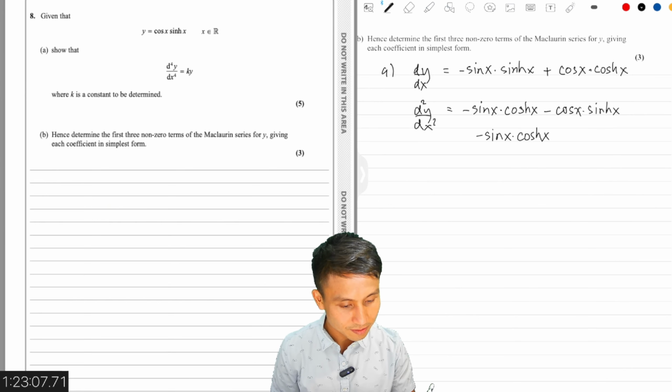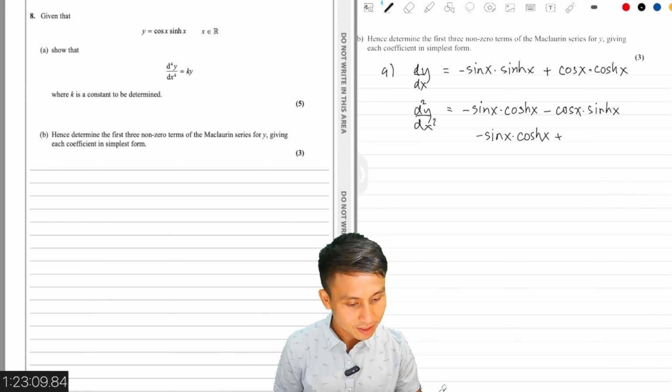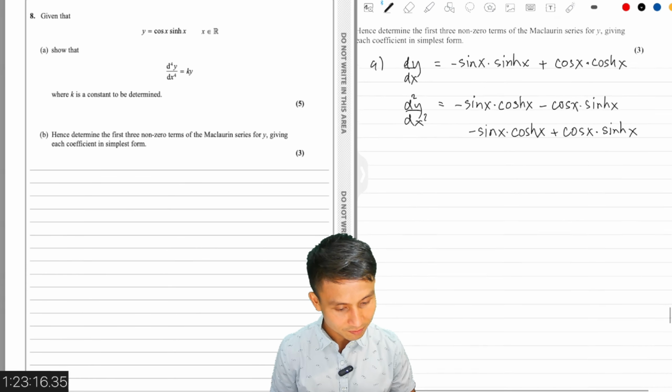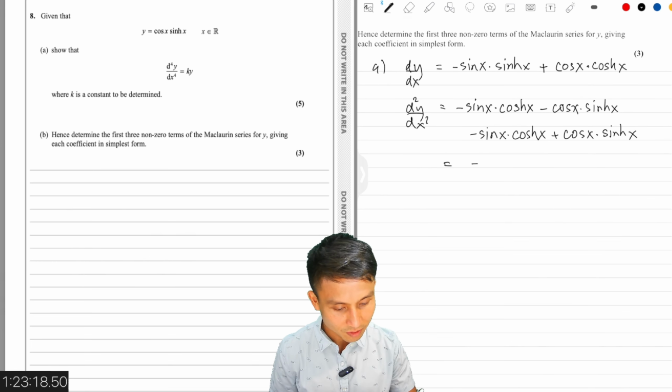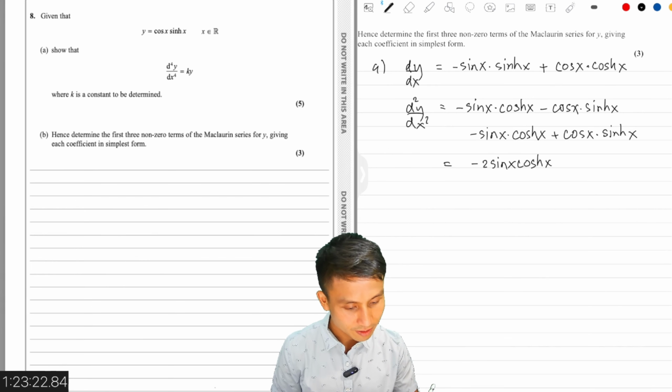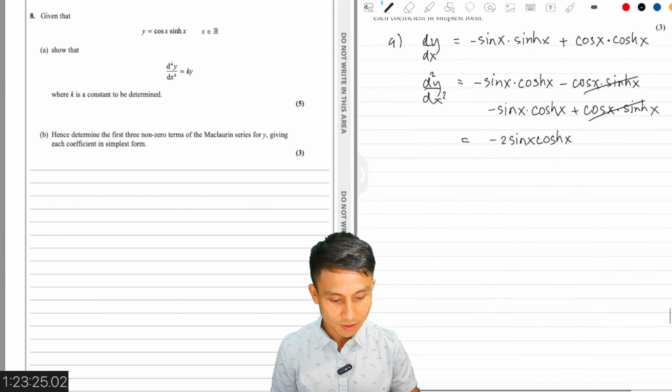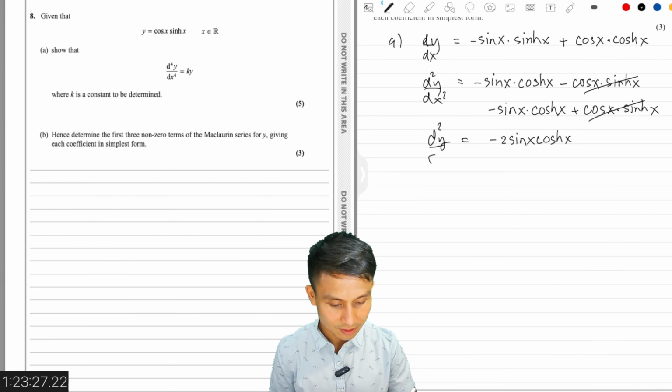Second term kept the same, and then plus differentiating the second term for that one, I get a sinh x. Okay, can we simplify this actually? Okay, yes, we can. So minus 2 sine x cosh x, and these cancel. Right, good.